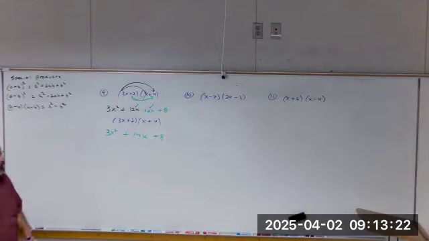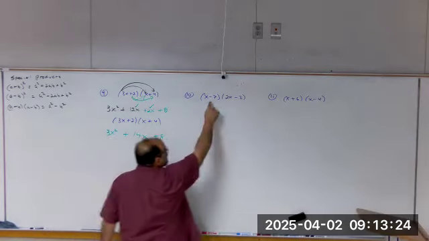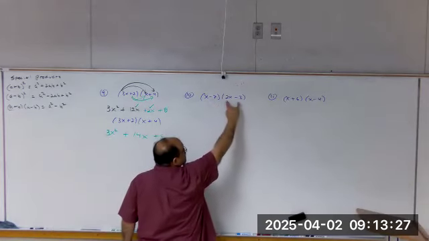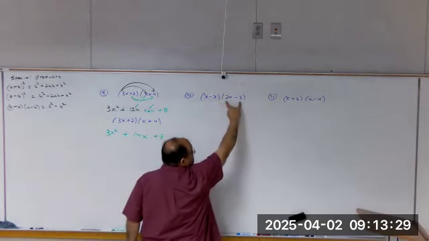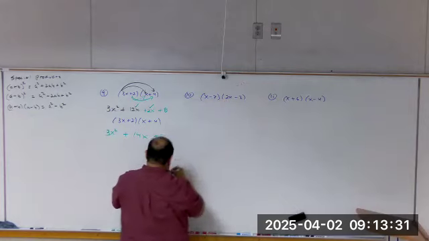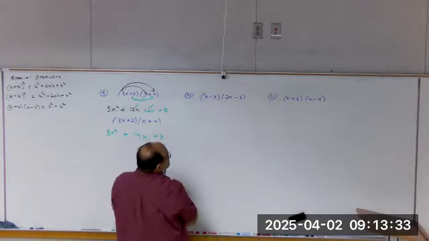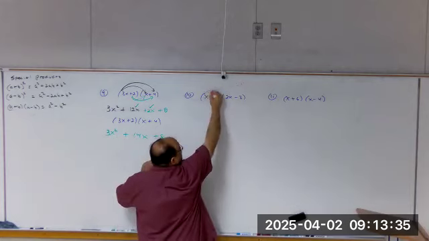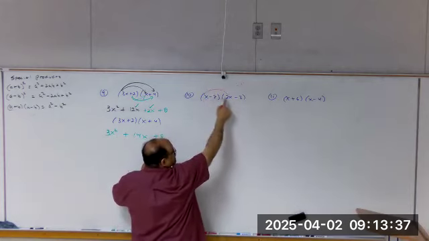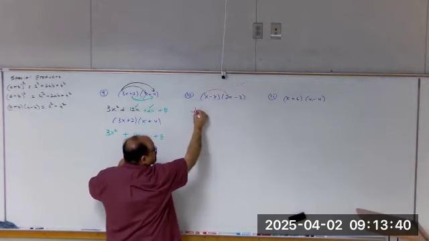On number 10, in the parentheses, they're differences, they're subtraction. So when I multiply this out, x times 2x, that's a positive. Positive x times positive 2x, that's a positive 2x squared.